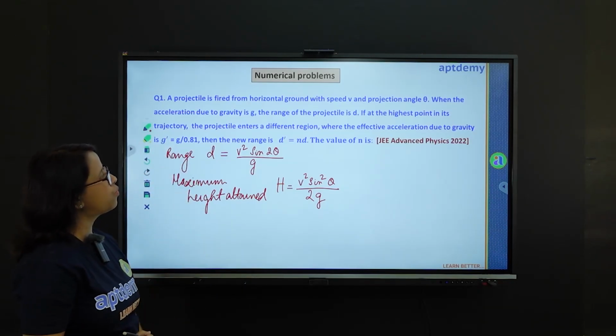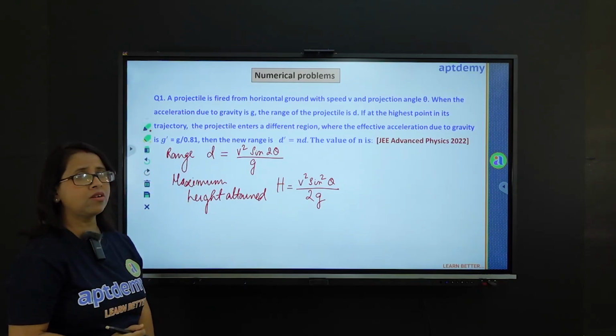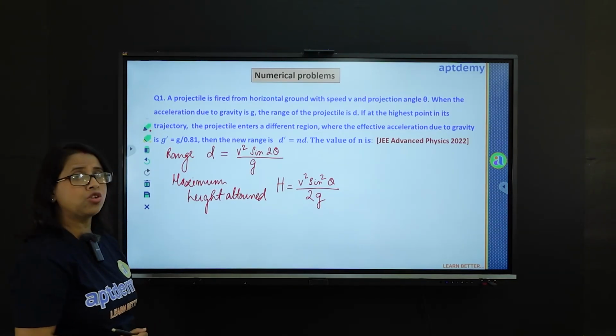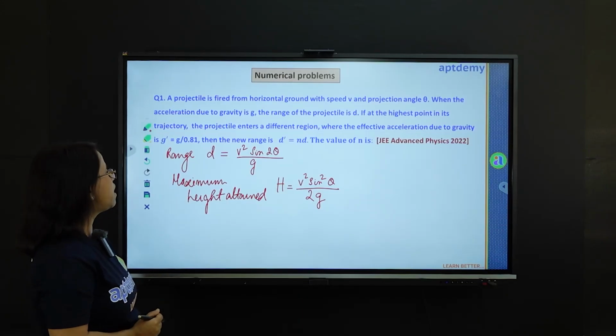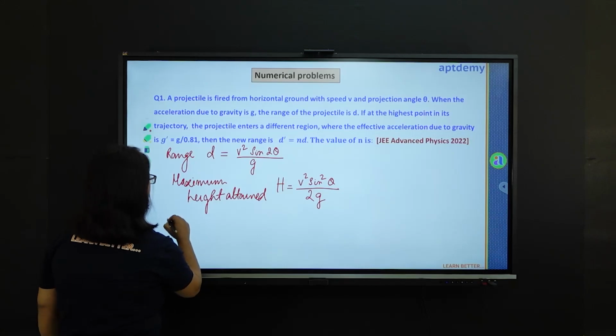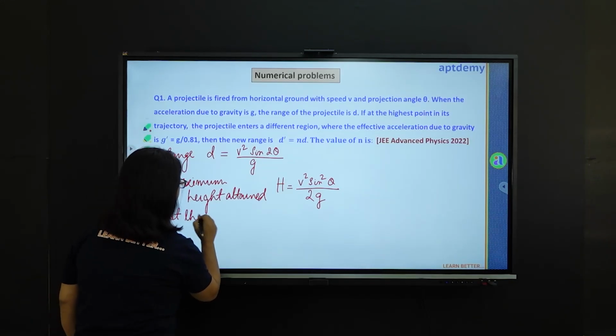Now at the highest point, the projectile enters a different region where the acceleration due to gravity is not g but given as g dash, which is equal to g by 0.81.